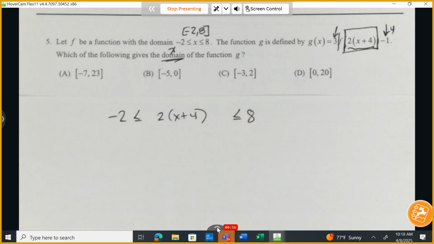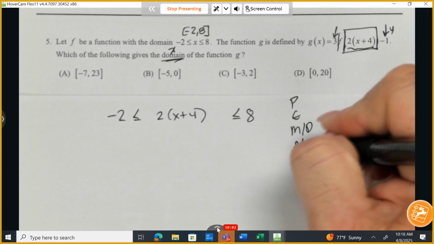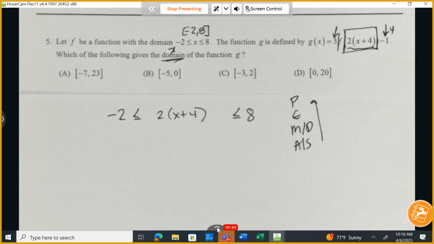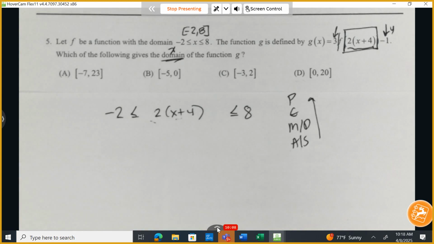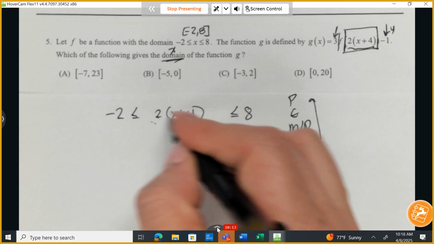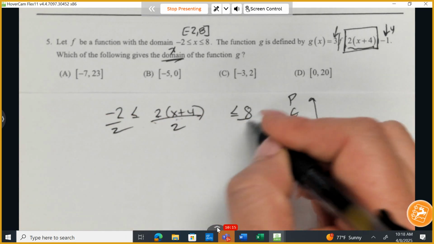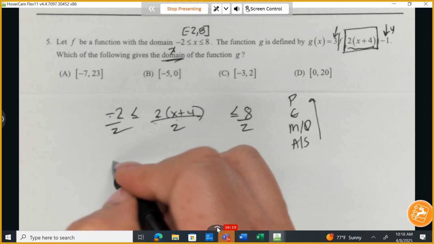And now I'm literally just going to do the algebra necessary to isolate the x. But some of you may be a little confused. Remember that when you are solving for a variable, we're going to do PEMDAS backwards. So in the middle here, is there any adding or subtracting outside the parentheses? There's not. Is there any multiplying or dividing outside the parentheses? There is. Opposite of multiplying is dividing. Every single one of these we're going to divide by 2. So we have negative 2 divided by 2 is negative 1.